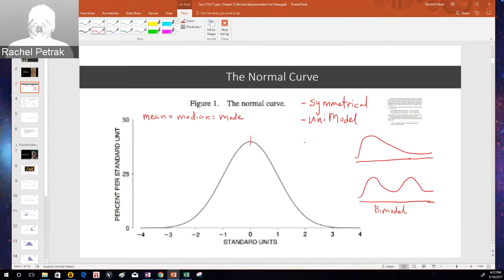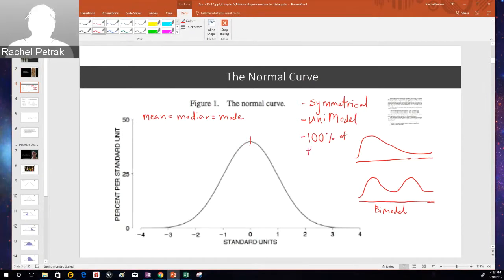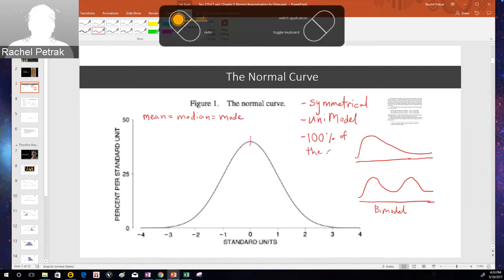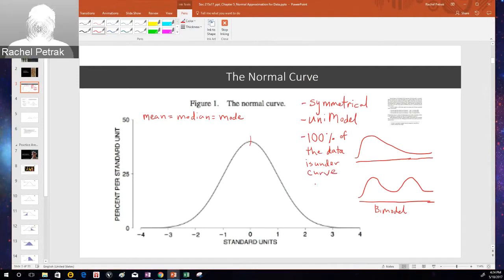Another final thing to remember about this normal distribution is that underneath the curve, 100% of the data is under the curve. You can also conceptualize that as a proportion of 1.